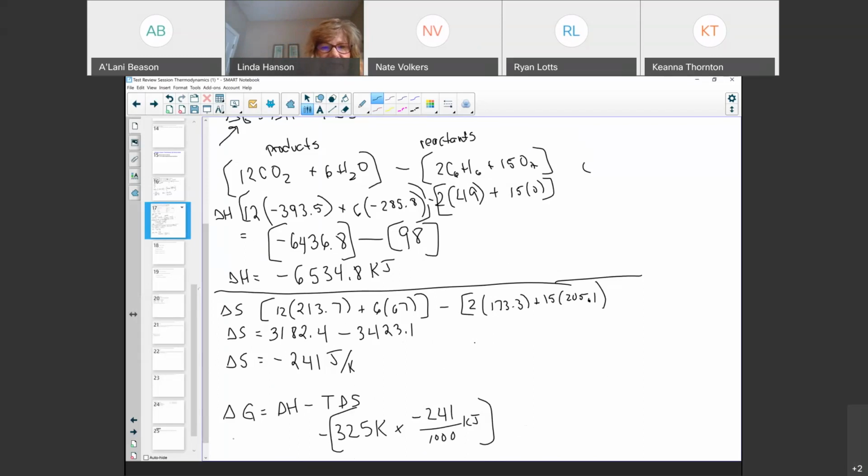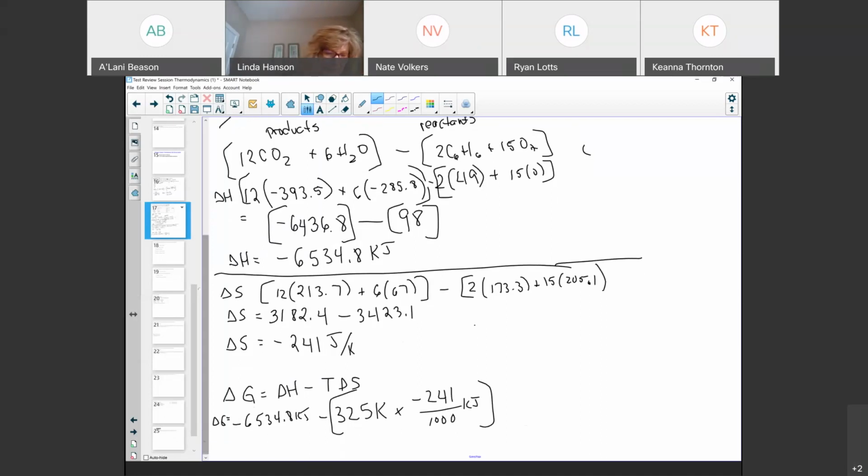And then, of course, negative 6534.8 is our delta H. Let's see what we find. Our Kelvin temperature is 325 times 0.241. And then negative 6534.8 minus that previous answer.